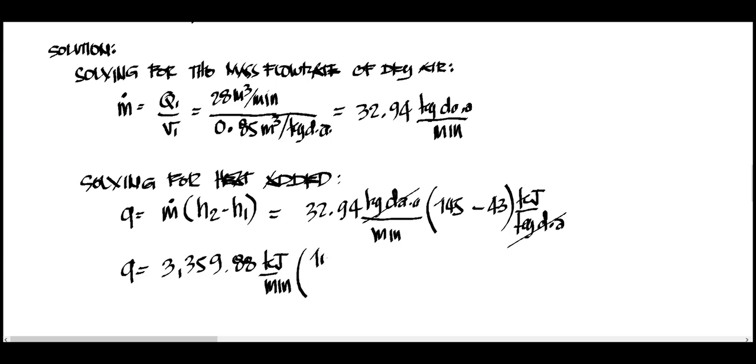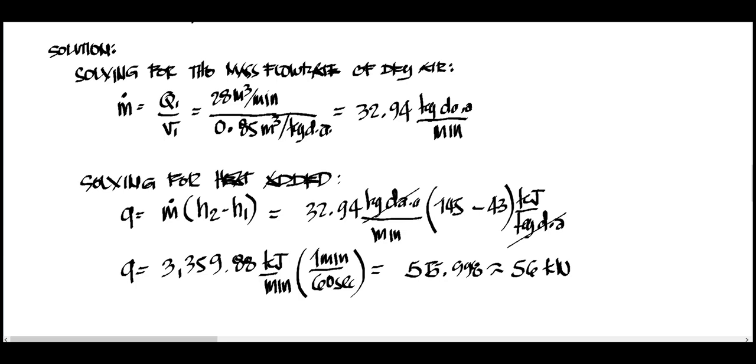Converting 1 minute to 60 seconds, divided by 60, we have 55.998, or let's say 56 kilowatt.